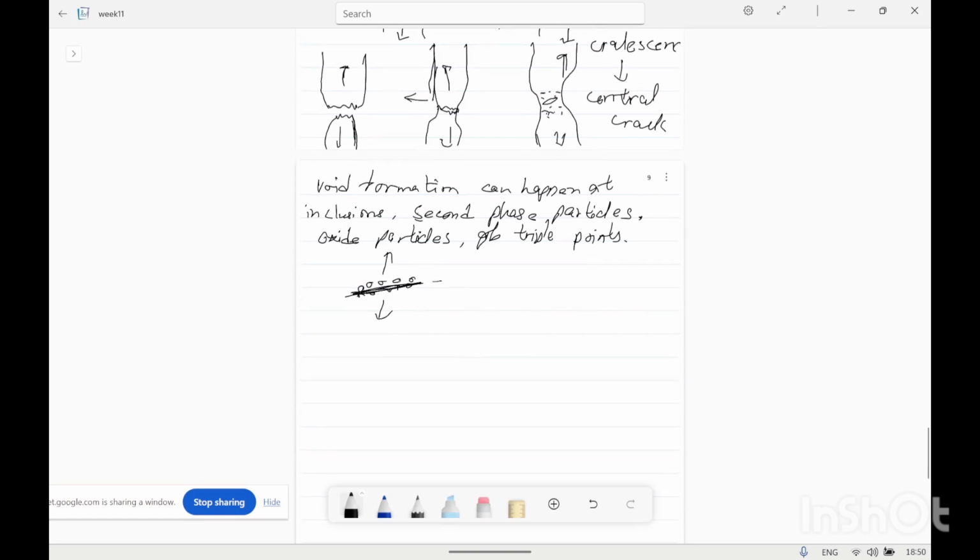So this void nucleation can be observed by in situ tensile testing.